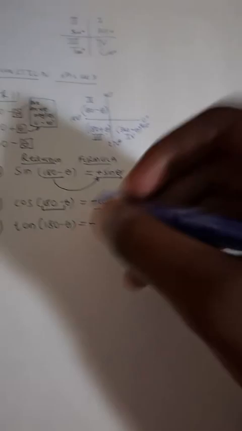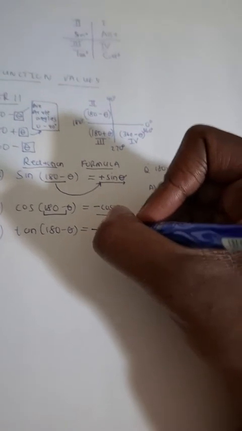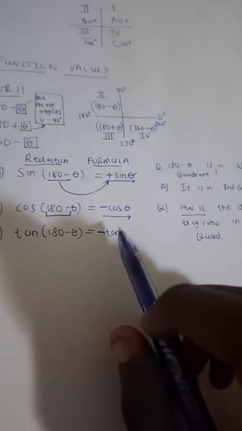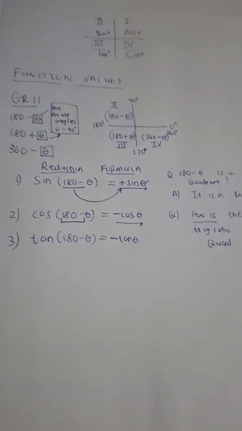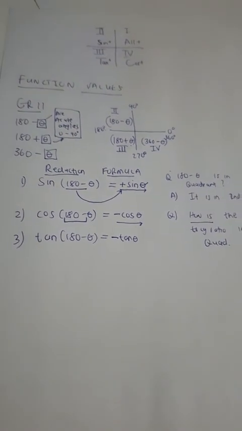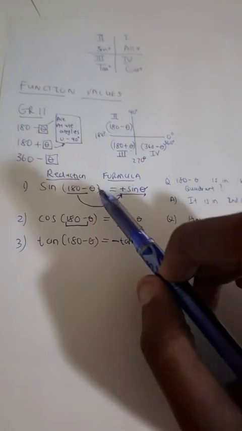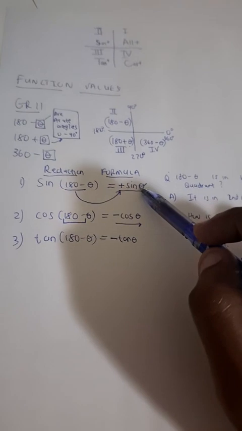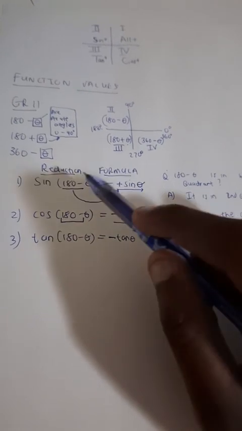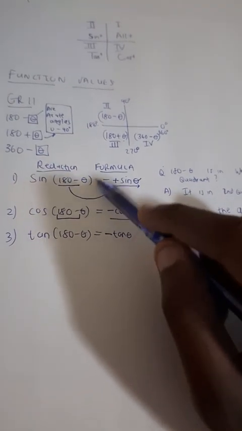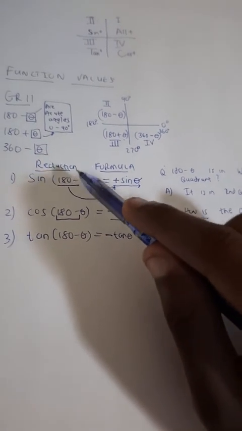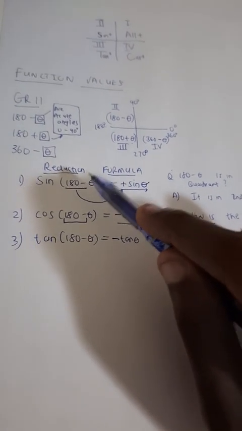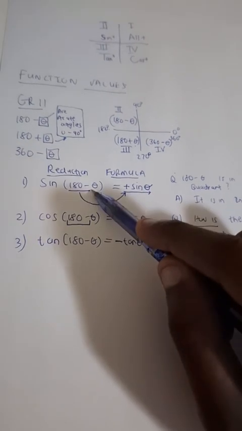And then 180 minus falls away. We write down the trig ratio, and then we write down the acute angle. And guys, that's it. So what are we doing here? We are reducing the angle to its acute angle, by ensuring that we ask ourselves, how is that particular function value in that specific quadrant?